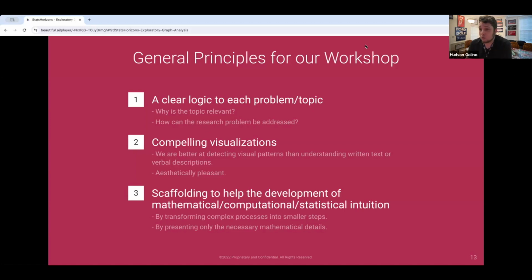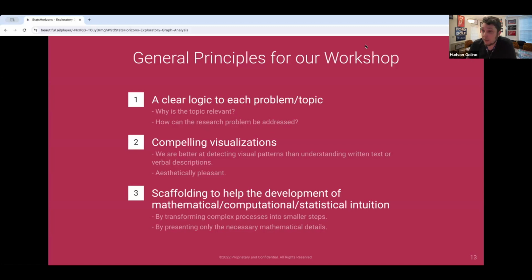So every single concept will be explained using visualizations because it's easier for us to understand visualizations and also it is more aesthetically pleasant. And the third concept that I use a lot is the idea of scaffolding to help the development of mathematical, computational, and statistical intuition.